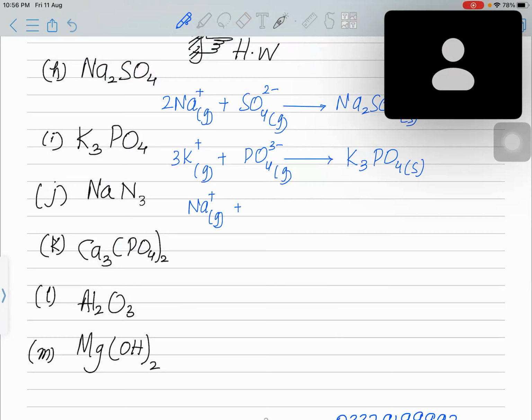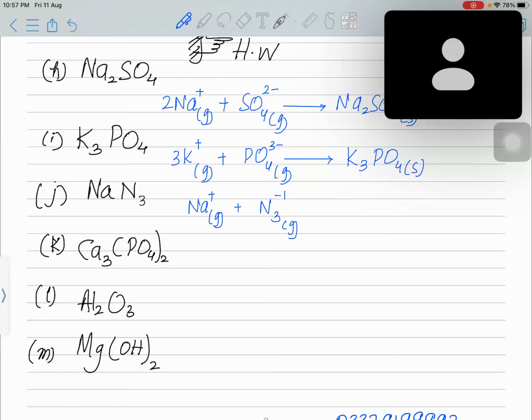This is not a nitride ion. This is azide ion. Nitride ion is not N3-, and there is no oxygen in it. This is azide. You know that sodium has positive 1 charge, so this is N3 minus 1. Are you getting my point? This is from the past paper.